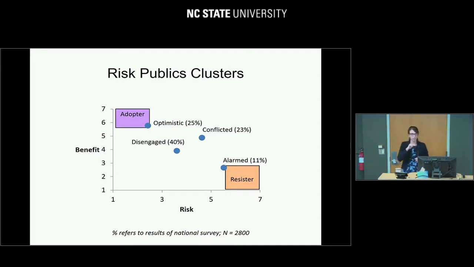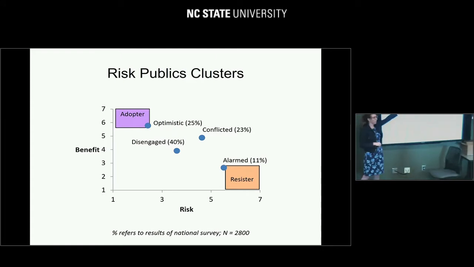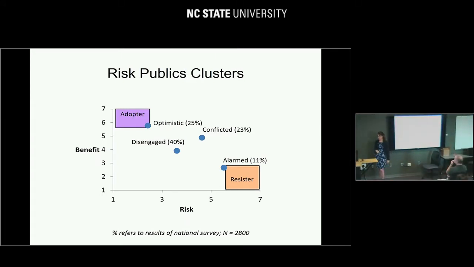We have 4 clusters. The optimistic cluster perceives low risk and high benefit of the technology. The alarm cluster, on the other hand, just sees high risks and low benefit, and this survey was specifically about water reuse. So this is their perception of water reuse.